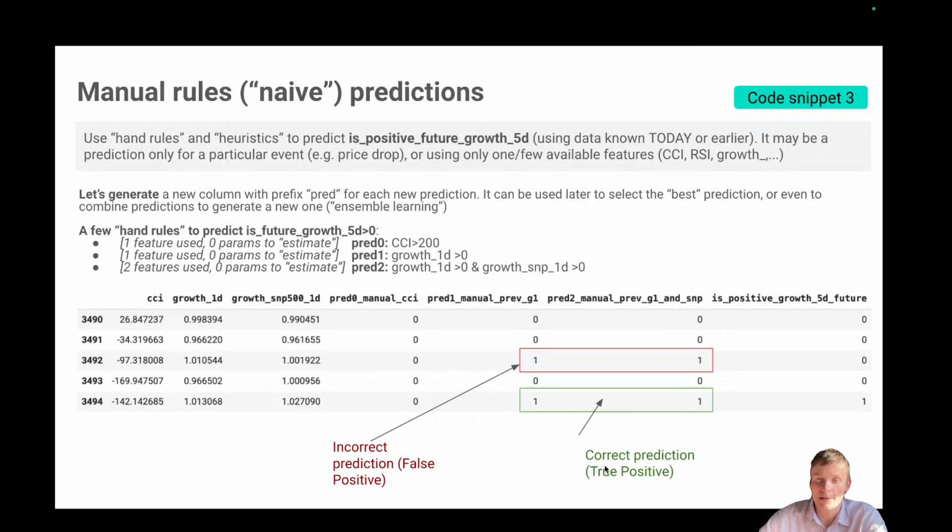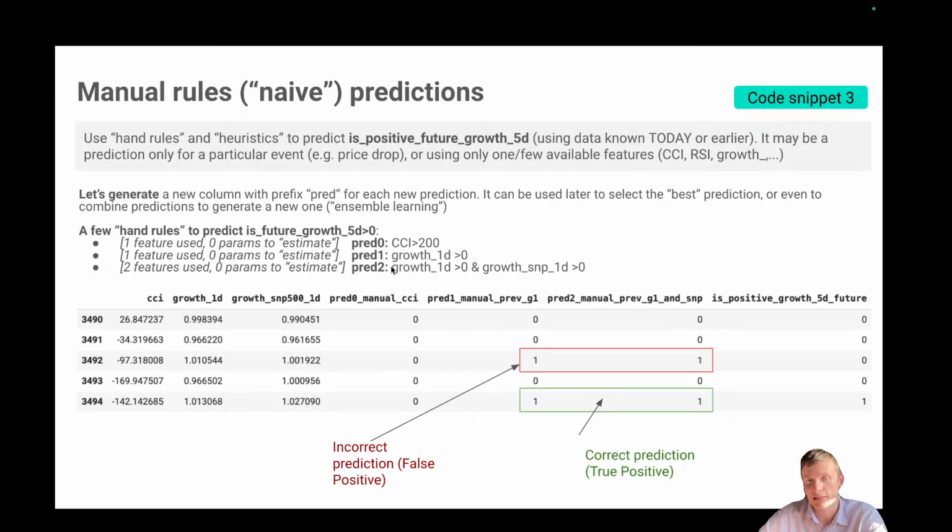And then another line, actually both predictions predicted 1, and that it will be a positive growth, and this positive growth happened. What you can think about here is that prediction 1 and prediction 2 are very similar, and prediction 2 is actually more strict.